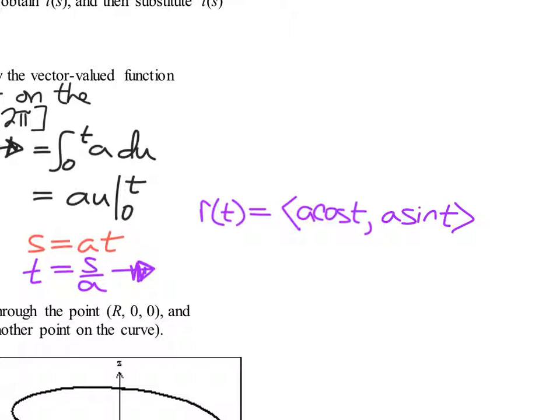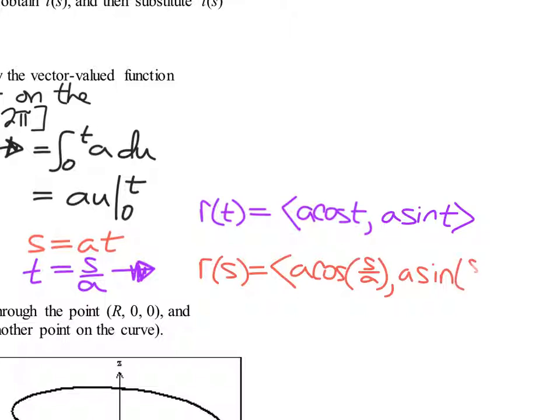All right, so I want to have it in terms of s. So I now know that t is equal to s over a. So if I want to parameterize in terms of s, it would be r of s, because my variable would be s, a cosine s over a, comma a sine s over a.